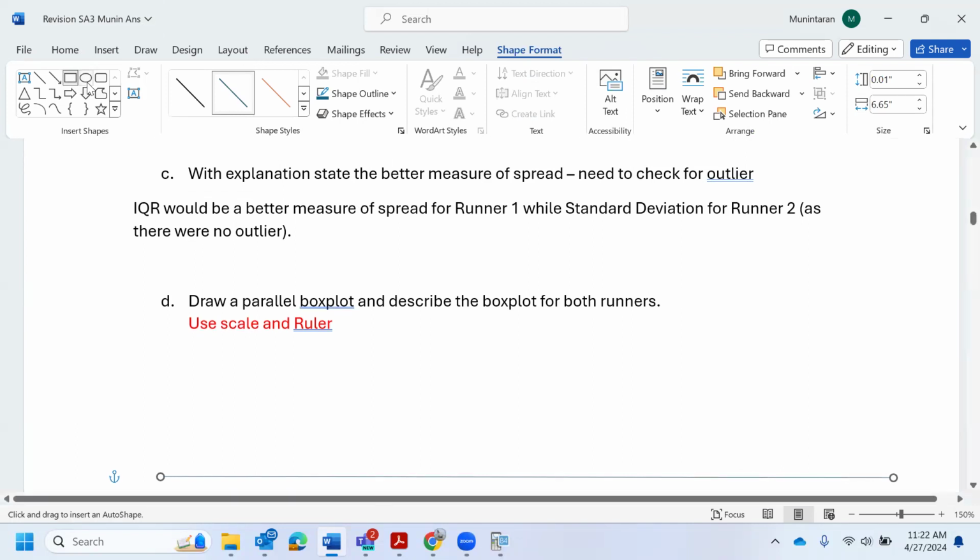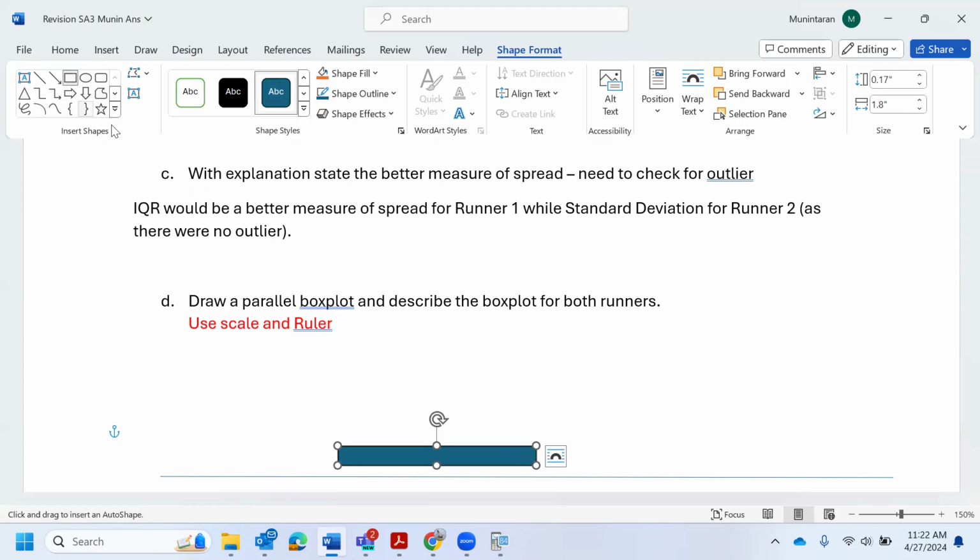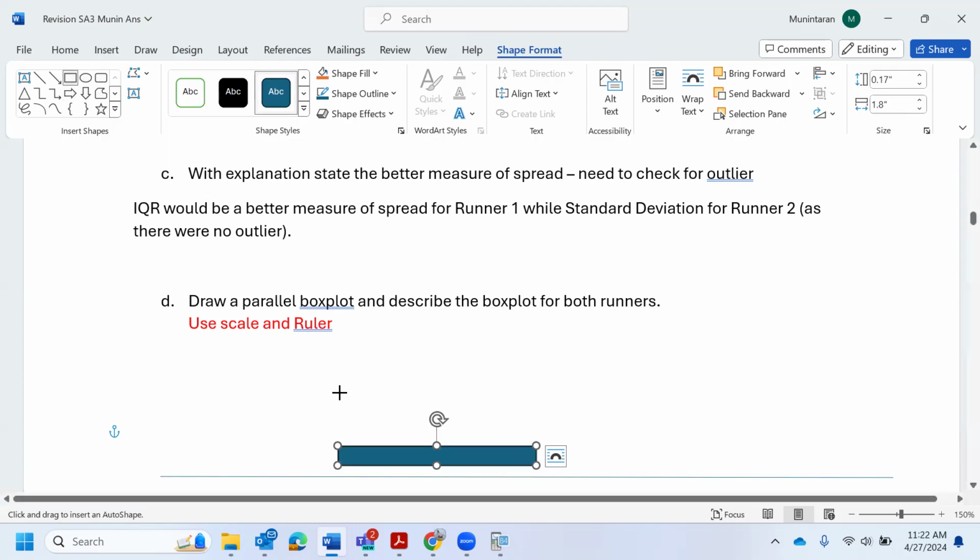Okay, and then I'm gonna put in a box. Theoretically speaking, the size, the thickness and the width of the box should be the same.